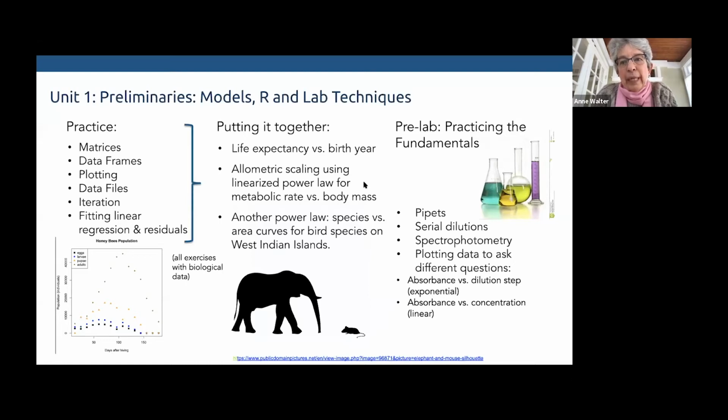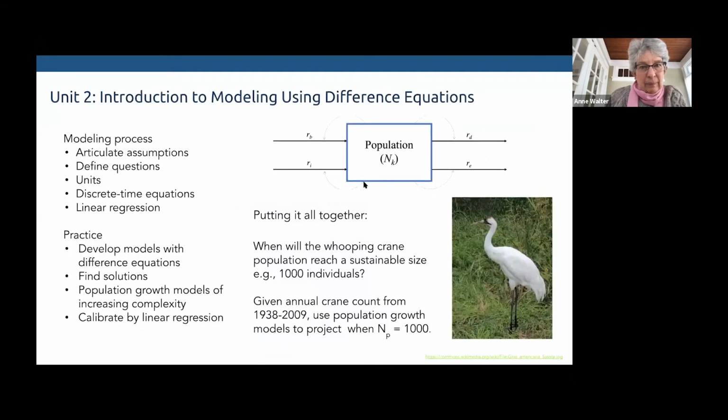And then because we do have a wet lab in our course, we don't assume any biology, we don't assume any lab skills. So our very first lab is learning how to do stuff and to actually measure things in the lab. And once we've done these kinds of things, we are ready to go on to actually doing some modeling.